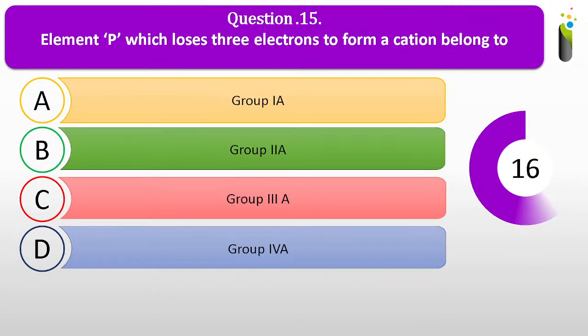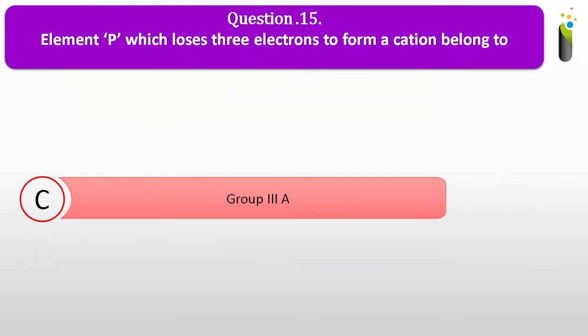So answer me for question number 50. So the correct answer for question number 50, the element P, which loses 3 electrons to form a cation, belongs to group 3A.